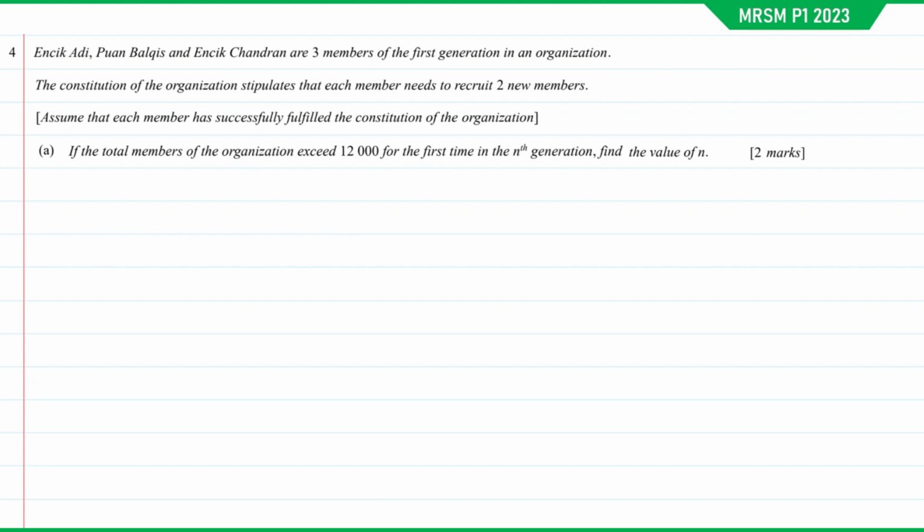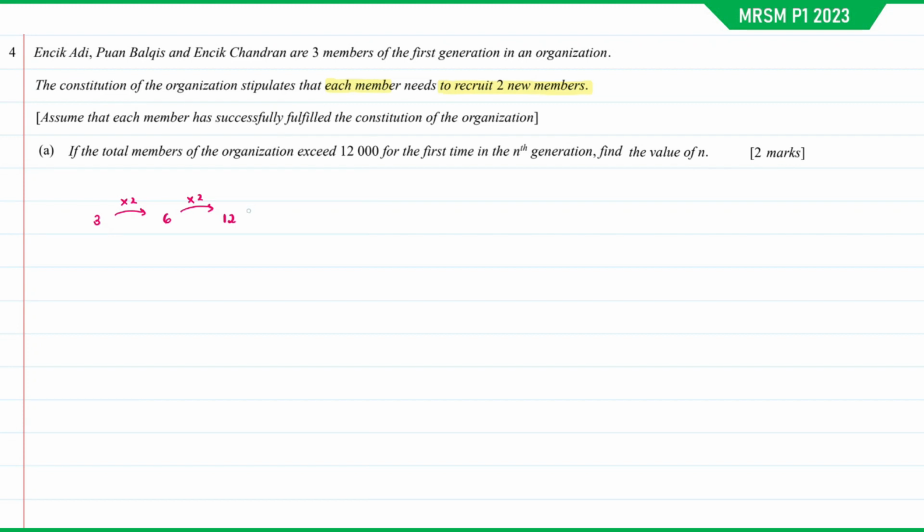So this organization starts with 3 members, and each of them needs to recruit 2 new members. So later on, 3 times 2, we're going to have 6 new members. These 6 members each need to recruit 2 new members. So 6 times 2, we're going to have 12 new members.